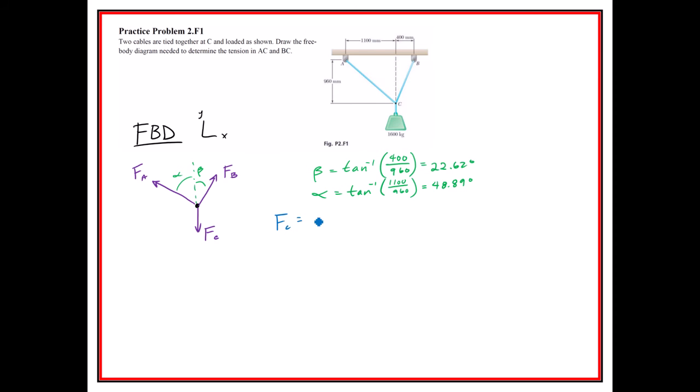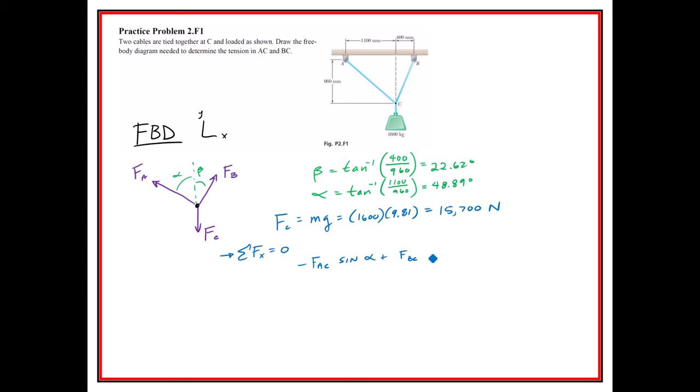FC, which we could have called weight, is going to be mg, or 1,600 times 9.81, or 15,700 newtons. So let's take the sum of the forces in the x direction, make it equal to 0, and in the x direction is going to be negative FAC sine of alpha plus FBC.